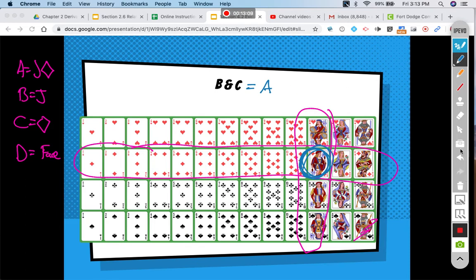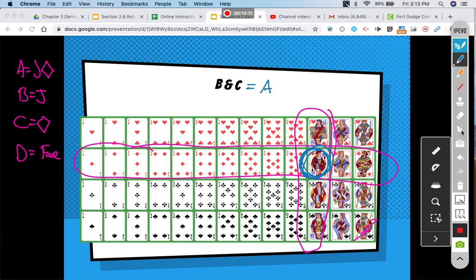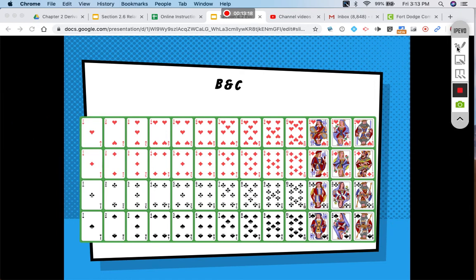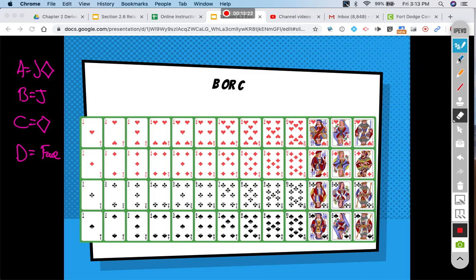Let's get rid of that and go to our next example. Now, when I want B or C, B is all the jacks.